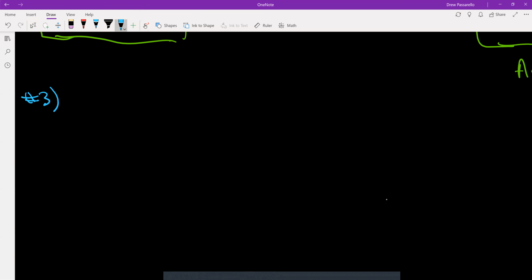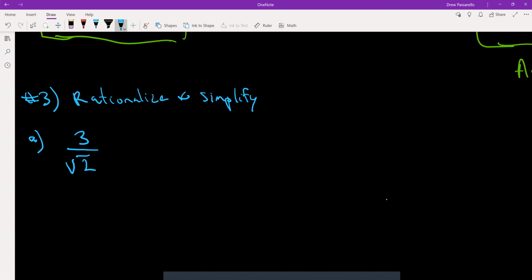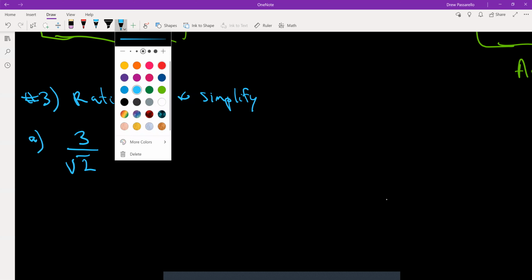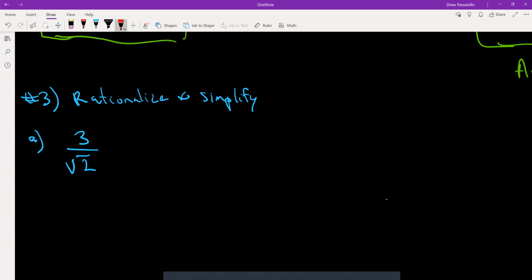This is number 3, and it's going to be rationalize and simplify. So I had 3 over the square root of 2. Rationalize just means to get rid of the square root in the denominator. I can get rid of the square root of 2 by multiplying top and bottom by square root of 2.